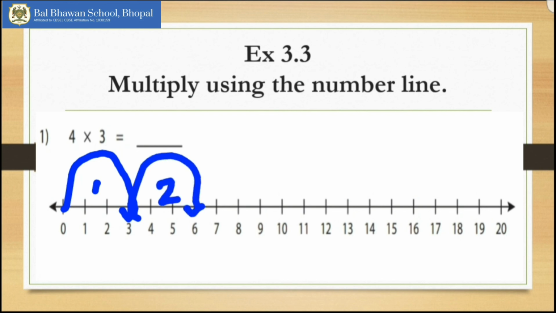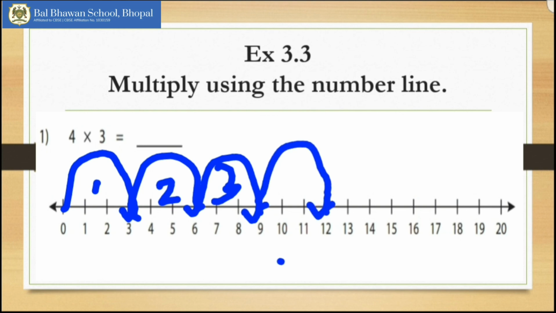It is the second jump, children. Now third jump of 3: 7, 8, 9. This is the third jump of 3. You have to jump 4 times. Now again 3 steps. Last jump of 3 steps: 10, 11 and 12. This is the fourth jump. Okay.